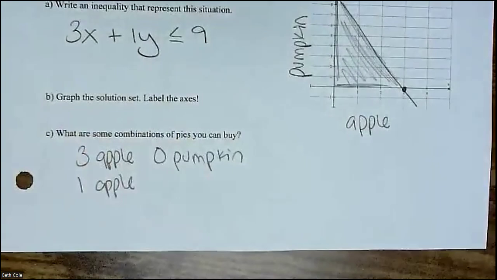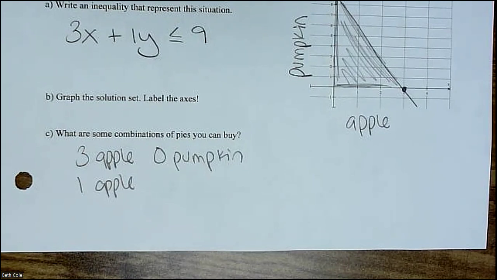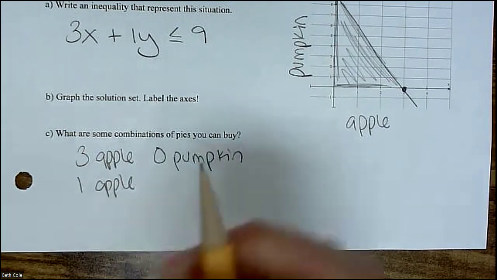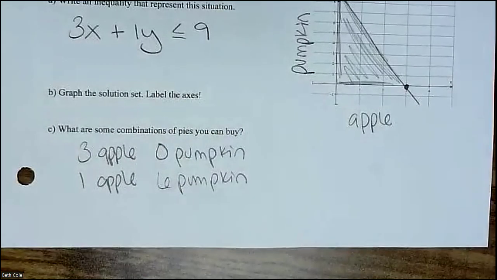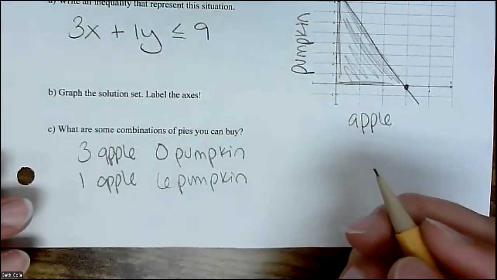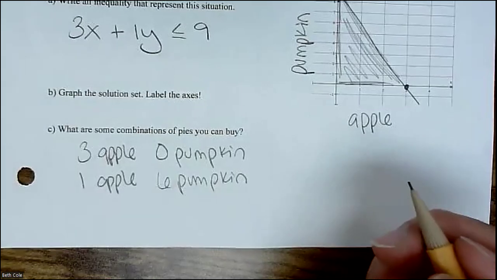Now hold on. Let's put it together. 1 apple pie is $3. You have $9. So how many dollars do you have left? 6. So you can get 6 pumpkin. Let's see. There's 2 more. Can you find them? Well, I guess you could buy nothing. But let's say you want to spend all of your $9.